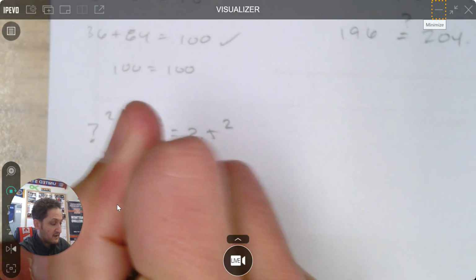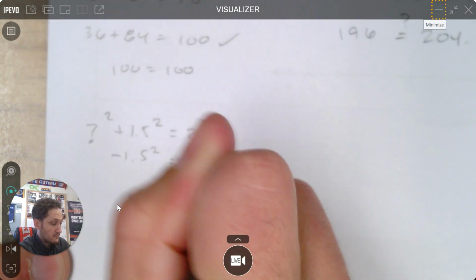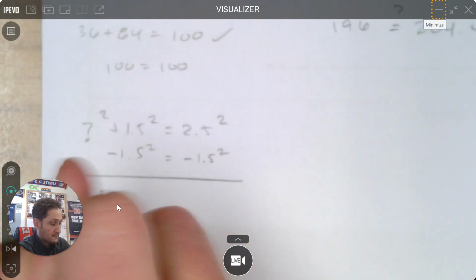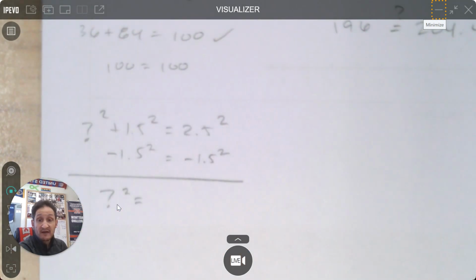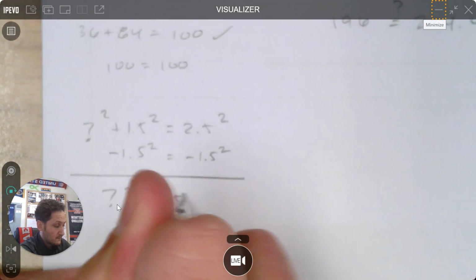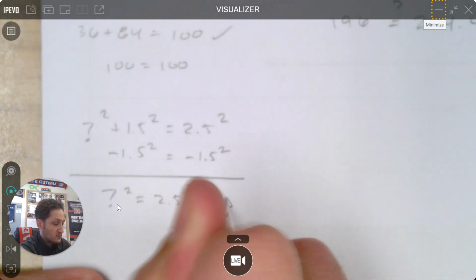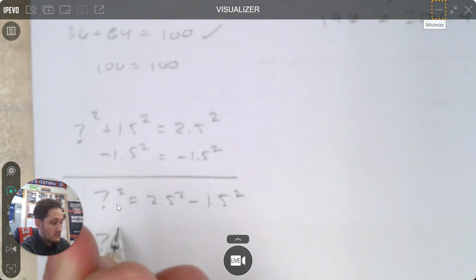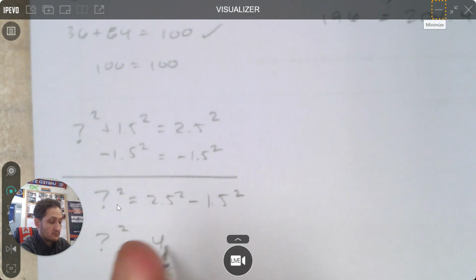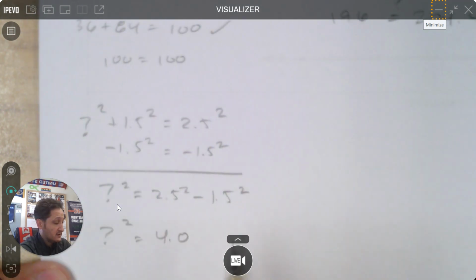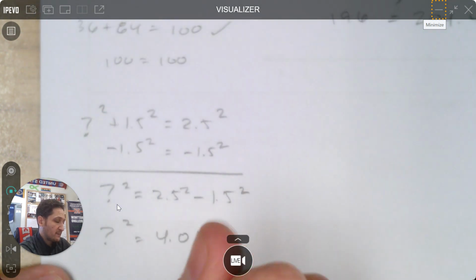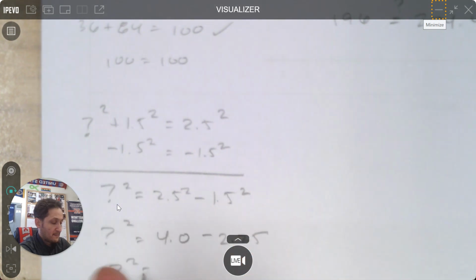Subtract 1.5 squared. So 2.5 squared minus 1.5 squared. Question mark squared is 4.0, just to be nice. Minus 2.25. 1.75.